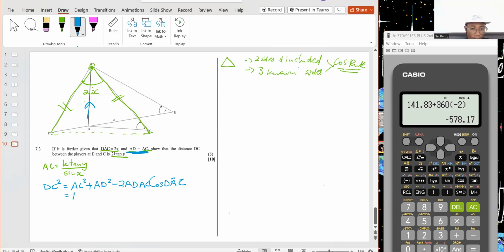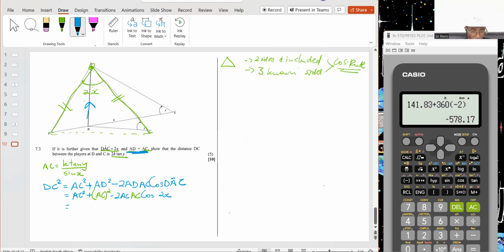This is equal to AC squared plus AC squared, now I'm doing my substitution, minus 2 AC AC again, because AD is the same as AC, cos of 2x.